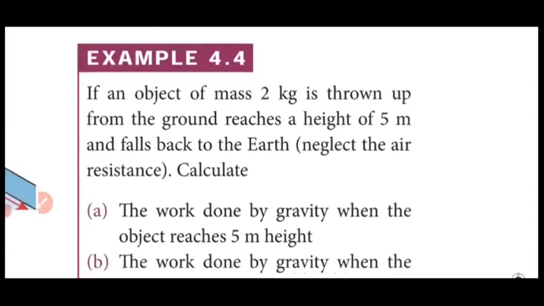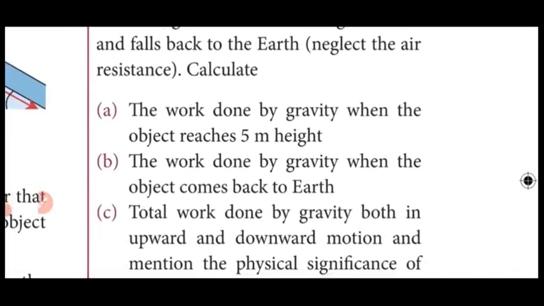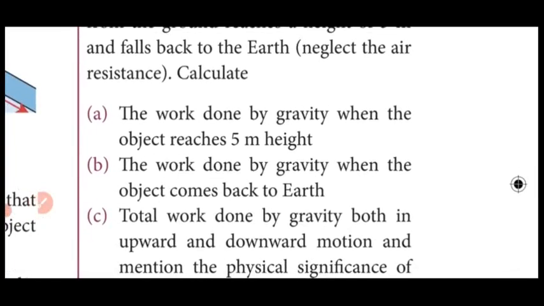What we are going to calculate is the work done by gravity when the object goes from the ground to a height of 5 meters. Second, we calculate the work done when the object comes back from that height to the ground.